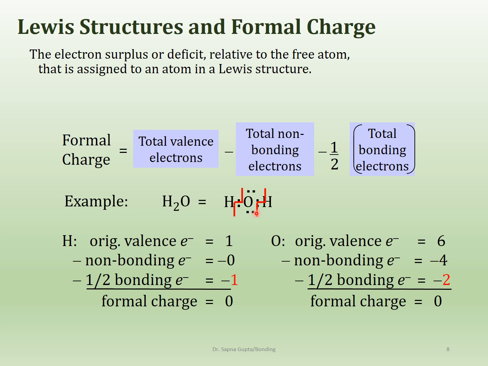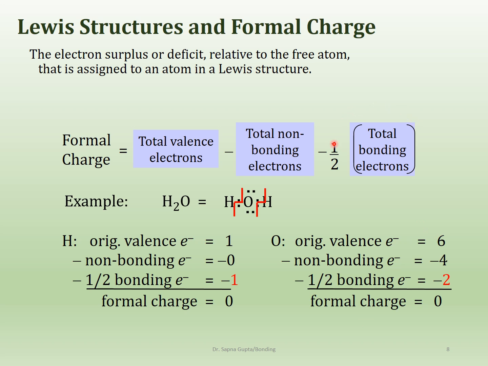These are the non-bonding electrons. So subtract those 4 electrons, and then half of the bonding electrons. Because it has 2 bonds over here, you are sharing 2 electrons, and so subtract those 2 electrons. So 6 minus 4 minus 2 gives you 0, which means oxygen also has a formal charge of 0.